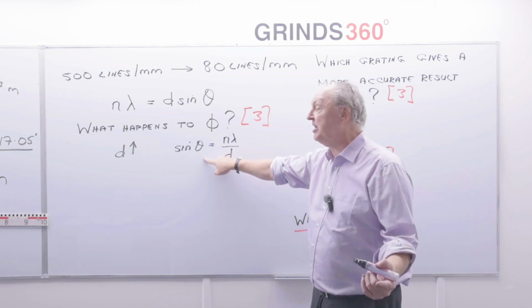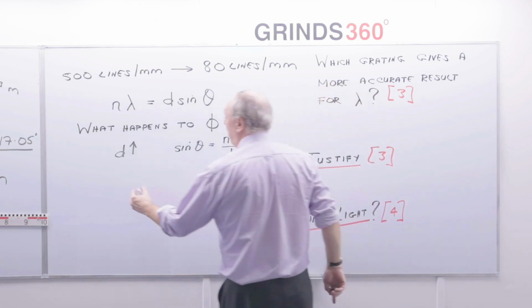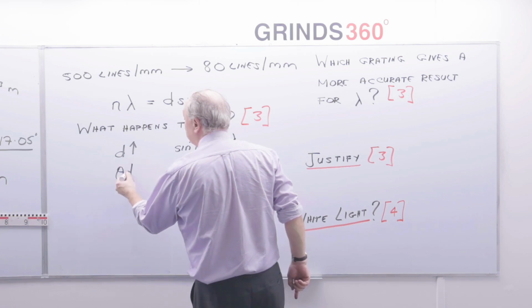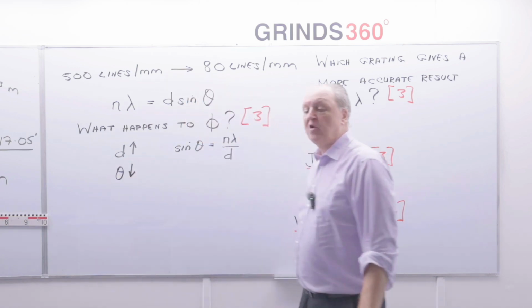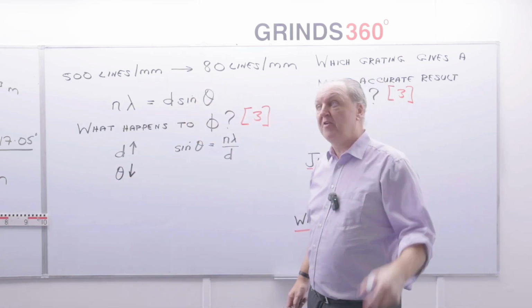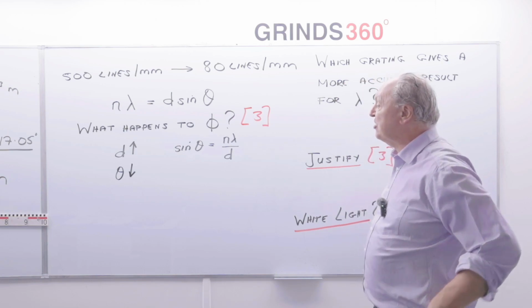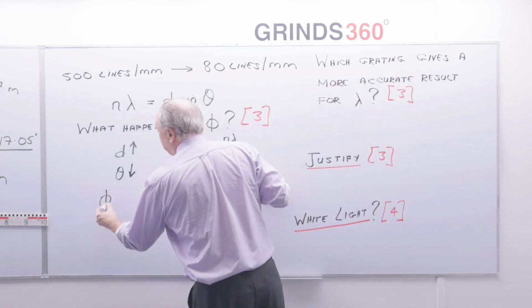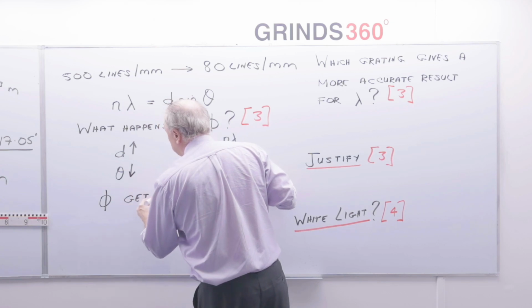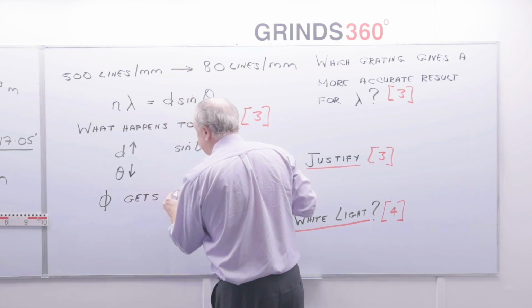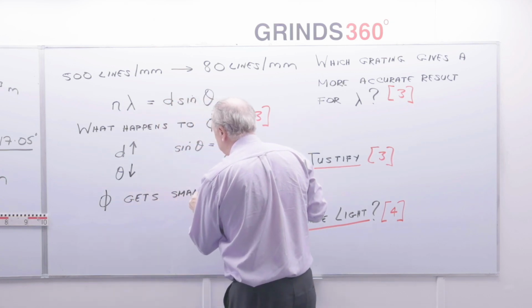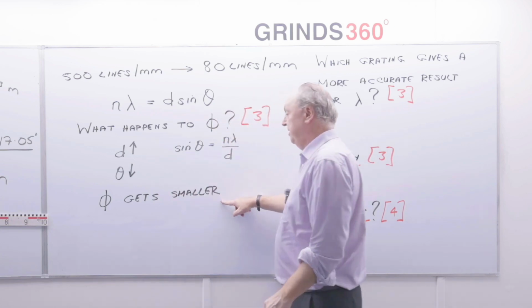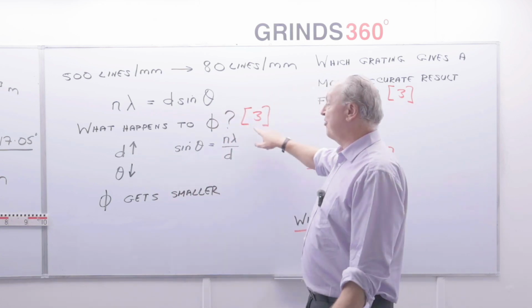As sine theta gets smaller, theta gets smaller. So theta goes down. And of course, phi is made up of theta plus theta. So what happens to phi? The answer is phi gets smaller or decreases. You just have to write the answer and they'll give you the 3 marks.